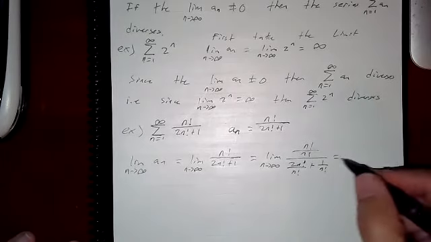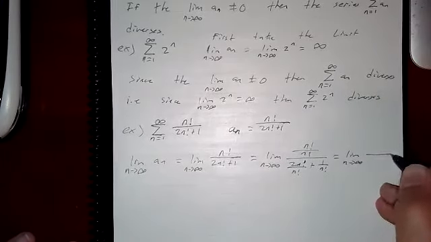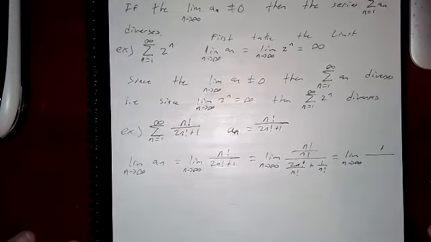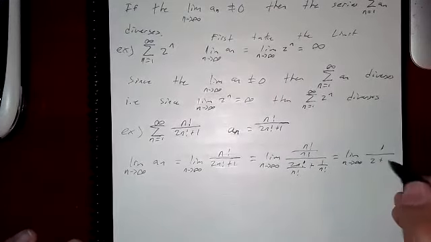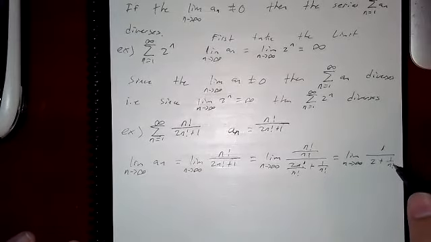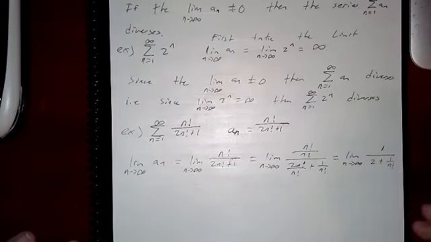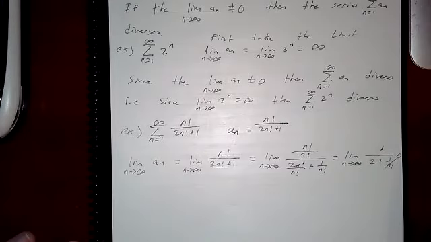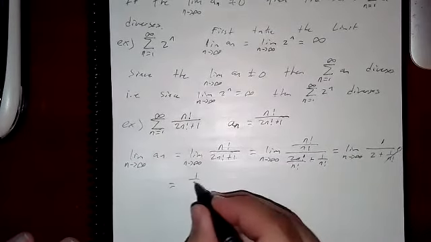So this will become the limit as n approaches infinity of 1 over 2 plus 1 over n factorial. When you take the limit, this piece will go to 0, right? So yeah, the limit will be 1/2.